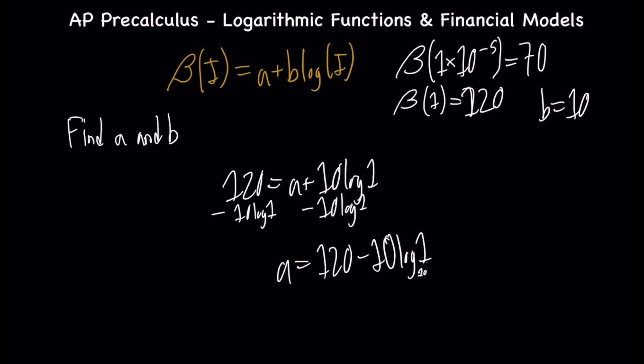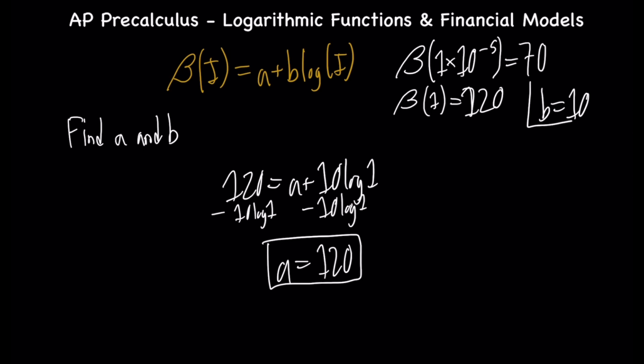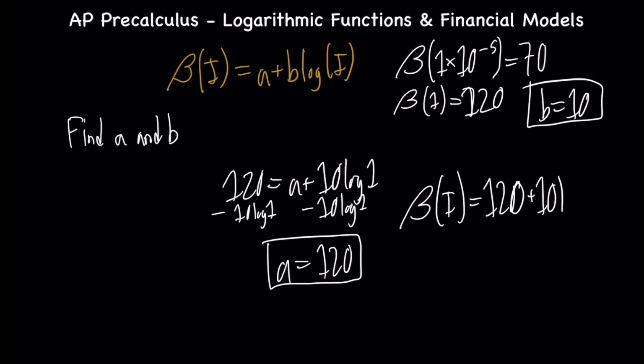Log base 10 of 1 is pretty much just 0. This is essentially 0, and you're multiplying 0 by 10, which also makes it 0. So this is essentially just nothing. And so you get your A value of 120 and your B value of 10. So when you put this equation together, you should end up with 120 plus 10 log of I. This is what your equation will be.